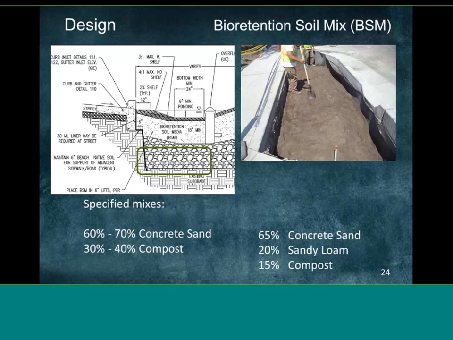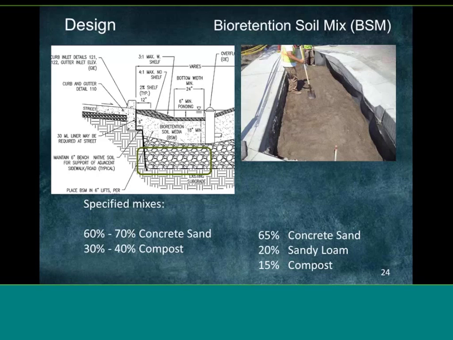There's a new memo on the LEDI website with a new specification that proposes a 65% concrete sand, 20% sandy loam, 15% compost mix. So there are some different options, and this is one of those areas that still needs further research, especially for our arid climate.